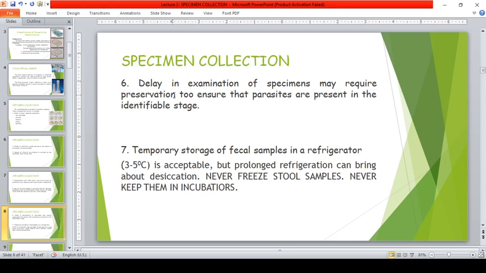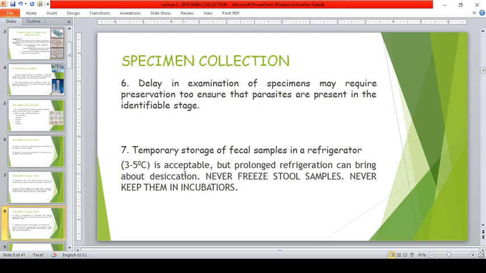So you can use preservatives because there are different preservatives. So we'll discuss those later, in the later part of our discussion. Temporary storage of fecal samples in the refrigerator. But then again, guys, that is just temporary and take note that refrigeration may destroy trophozoite parasites.